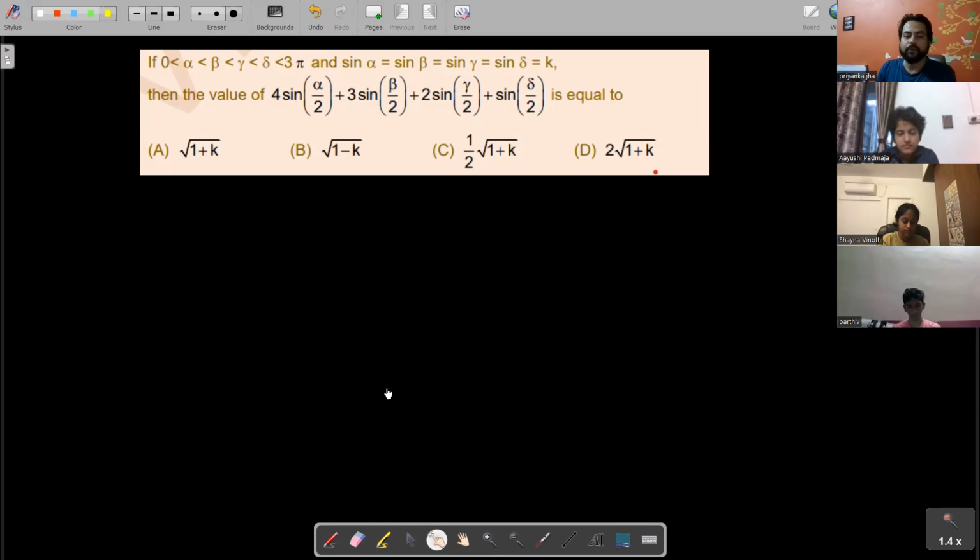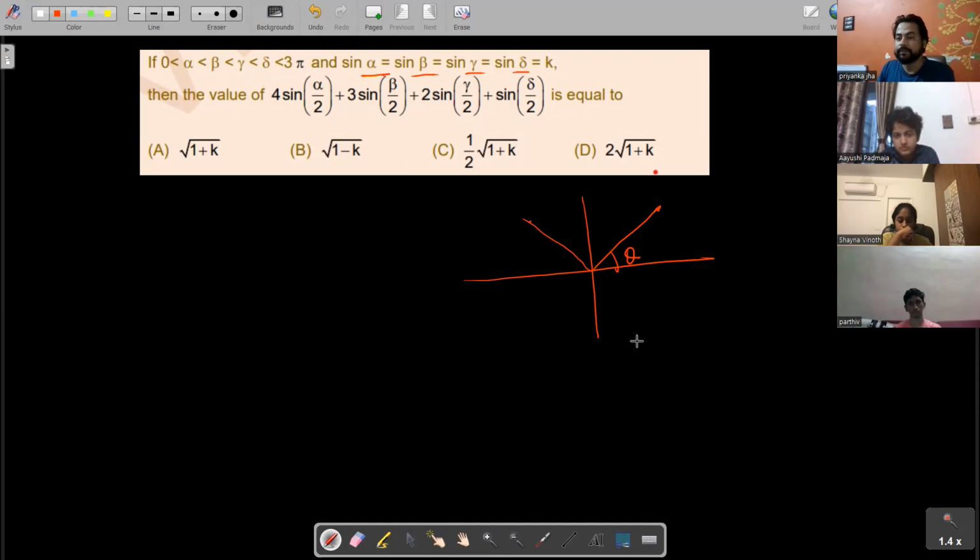See, there are four angles, alpha, beta, gamma, and delta. And the sine of all angles is the same. It is saying that alpha, beta, gamma, delta will follow this order and all will lie between 0 to 3 pi. Now you can see one thing. Whatever value of sine you get for this angle, you get the same thing in the second quadrant as well.